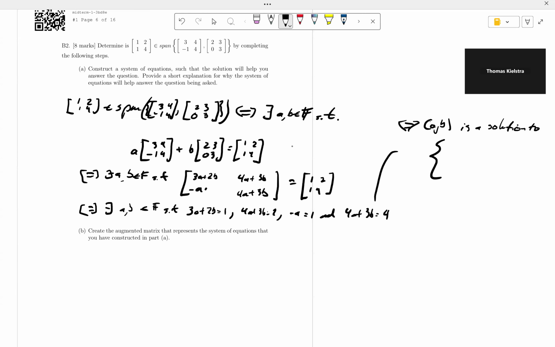So there are two scalars, A and B, such that this holds. That means that the vector AB, the F-tuple vector AB, is a solution to the system of equations 3A plus 2B equals 1, 4A plus 3B equals 2, minus A equals 1, and 4A plus 3B equals 4.